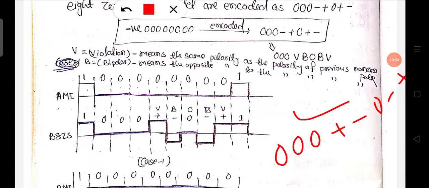Now let's see what happened. Here are the AMI clock pulses: 1 0 1 0 0 0 0 0 0 0 0 1.